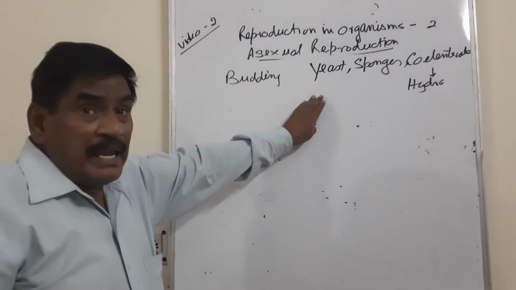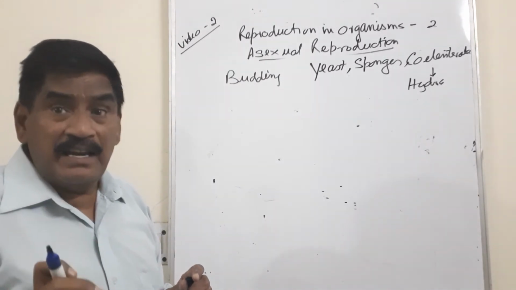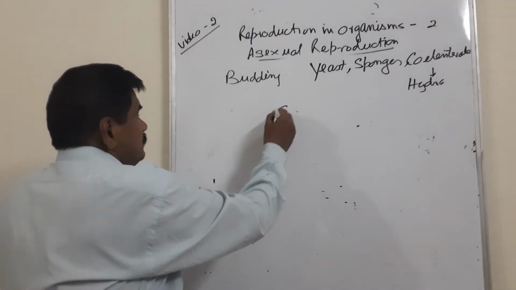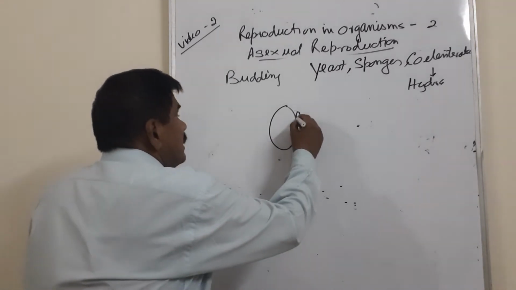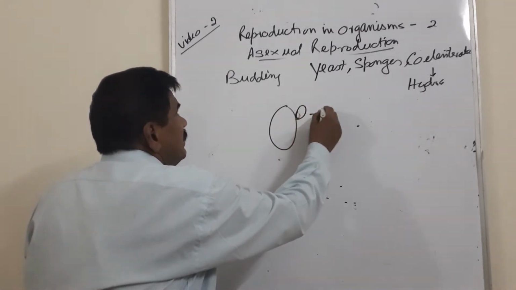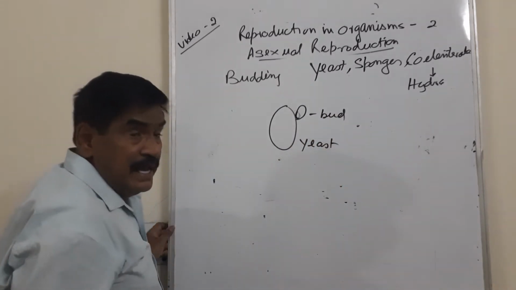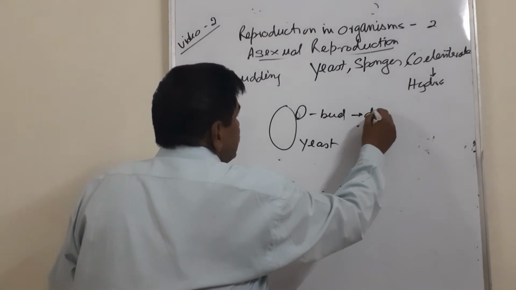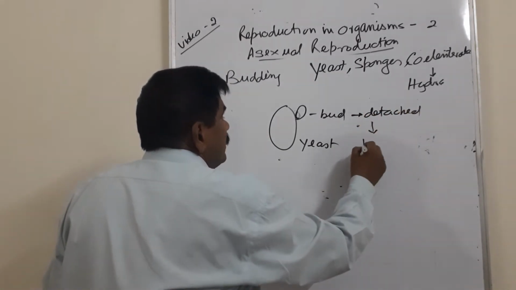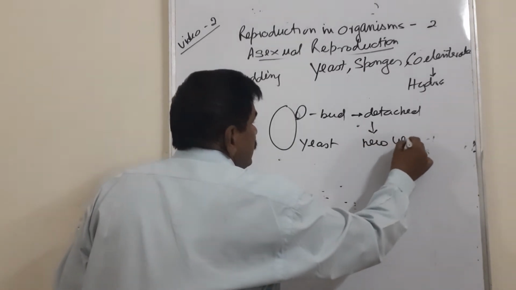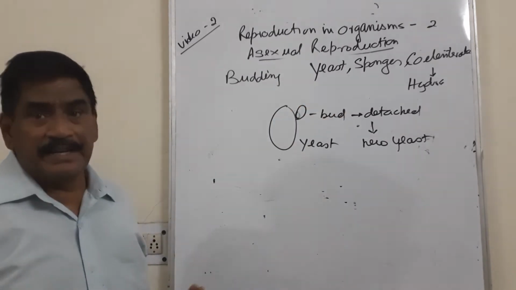Budding means a small protuberance or projection appears in the cell or the body. Say it is yeast: the small protuberance appears and enlarges to form a small bud. This bud detaches and forms a new yeast. Similarly, budding takes place in sponges and coelenterates.